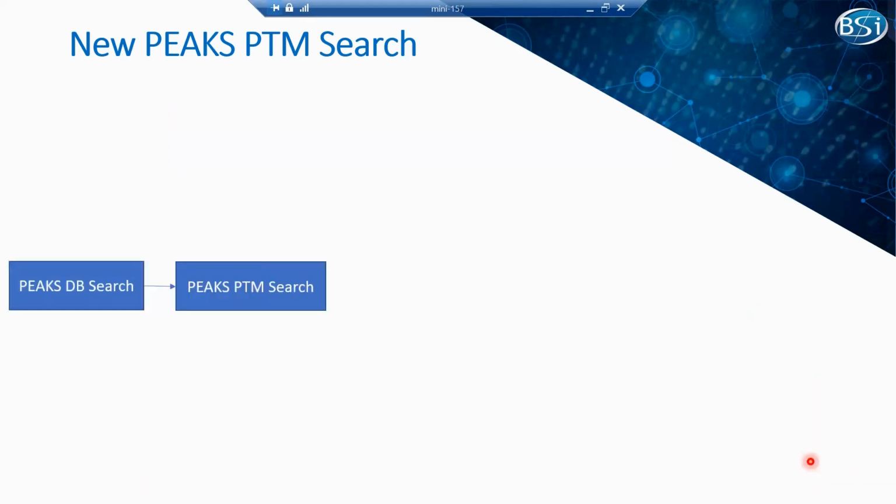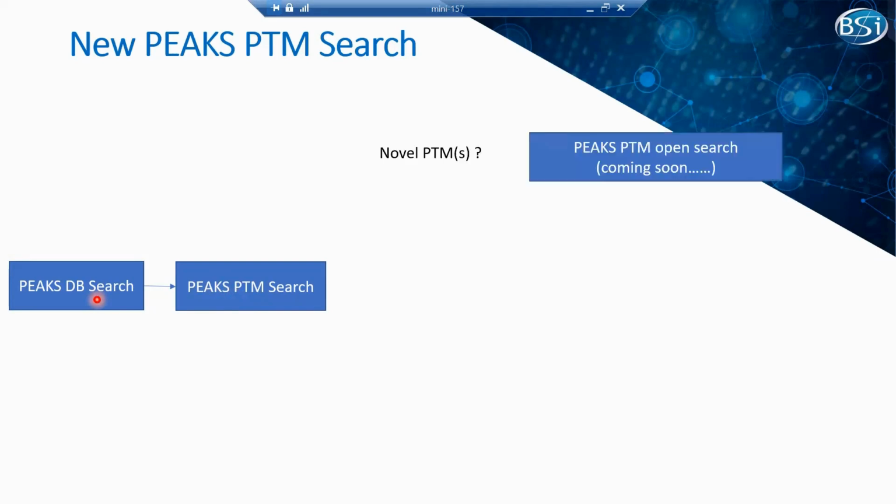So how can we use the PEAKS PTM search? PTM search is an option after the DB search. After the DB search, we may have different situations. The first is: could we find the normal PTMs? Here is our new function in the future, coming soon.